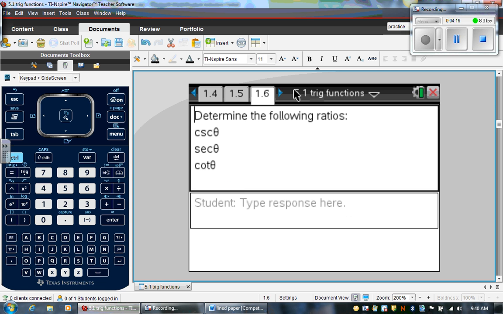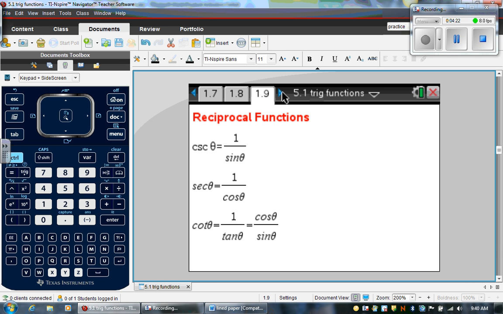We already went through and did all of these, so you can put those in as you go. Now let's talk about our reciprocal functions. Reciprocal functions are simply that, our reciprocals. So cosecant theta is going to be 1 over sine. Secant theta is 1 over cosine, and cotangent is 1 over tangent, or cosine over sine.